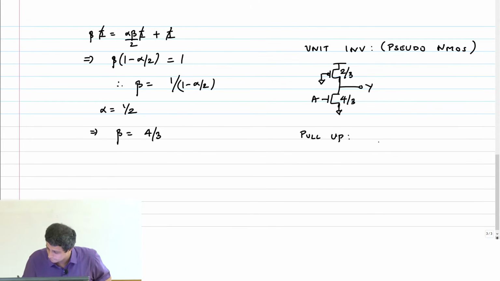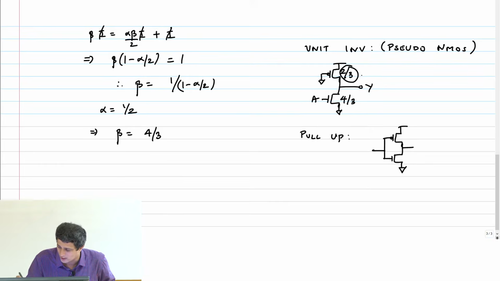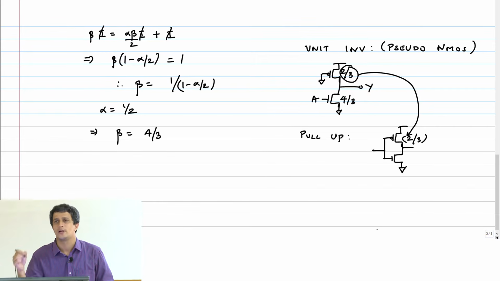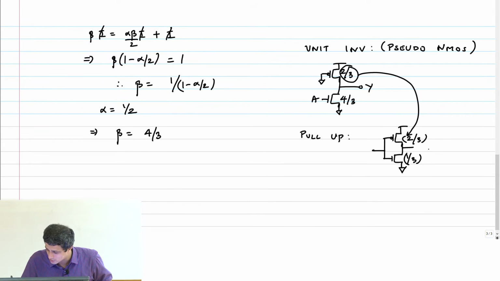So here my reference inverter is the following. This is 2/3, therefore I'll make this 2/3. Now, if that is 2/3, what should the NMOS size be? 1/3. So this total capacitance is equal to how much?